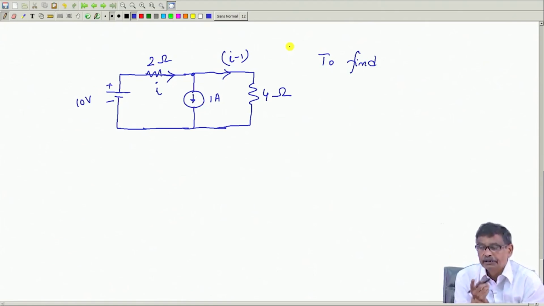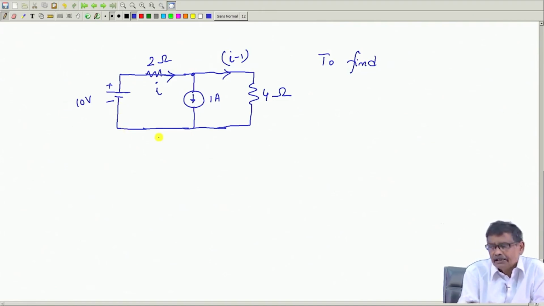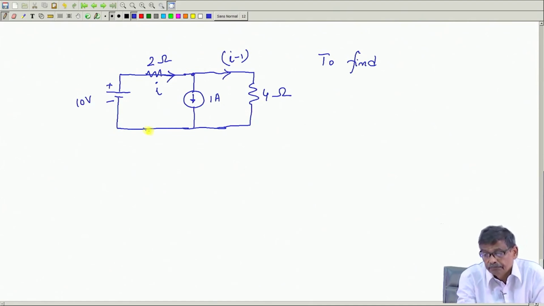Now, I have to apply KVL. This exercise, please go through it very carefully. KVL is true for any closed path. In this path, this voltage and the voltage between these two points, suppose this point is A and this point is O, the sum of these voltages must add up to 0.